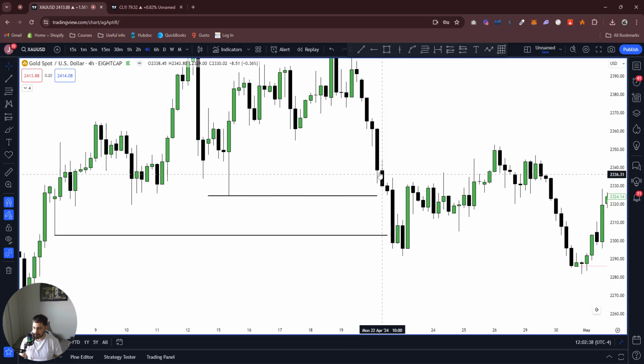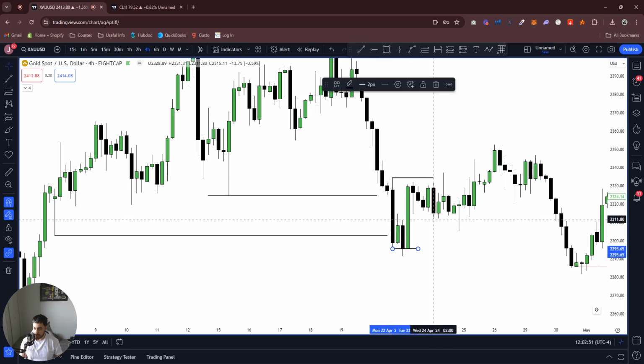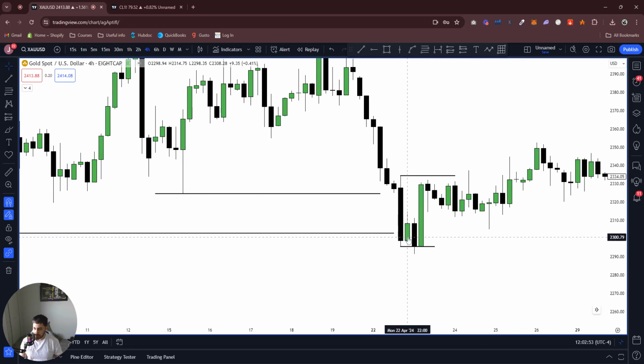Because we close the body above or below all these candles. So this becomes our new range until we see a body candle closure below this candle or above this candle. As you can see, this candle closed inside this range, so this becomes our ICR, our important candle range for the short term, and this is our parent candle.